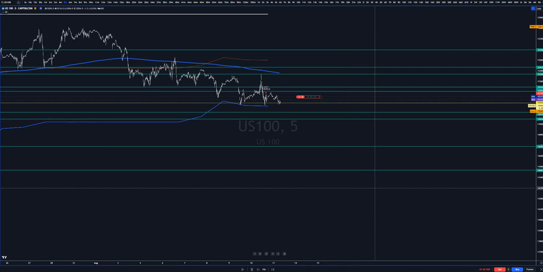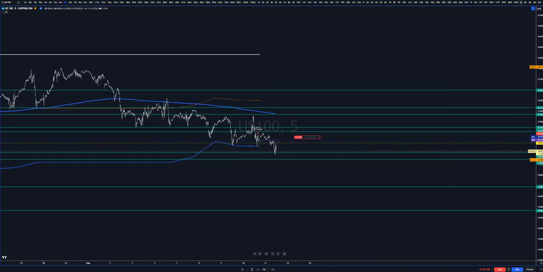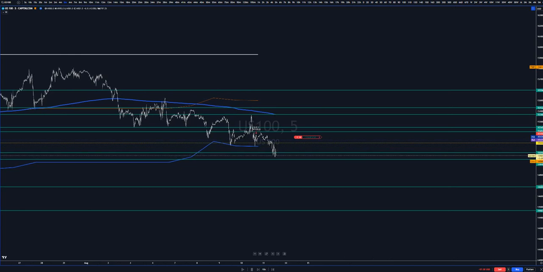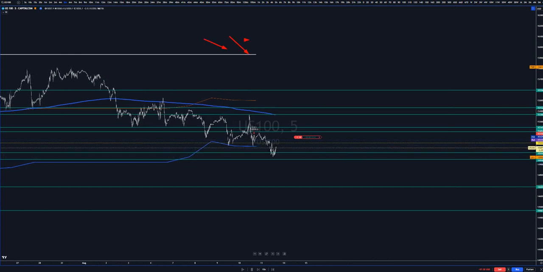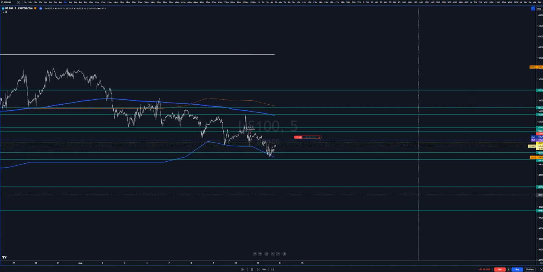The trend bias will be changed until the price is again above this Duncan channel.